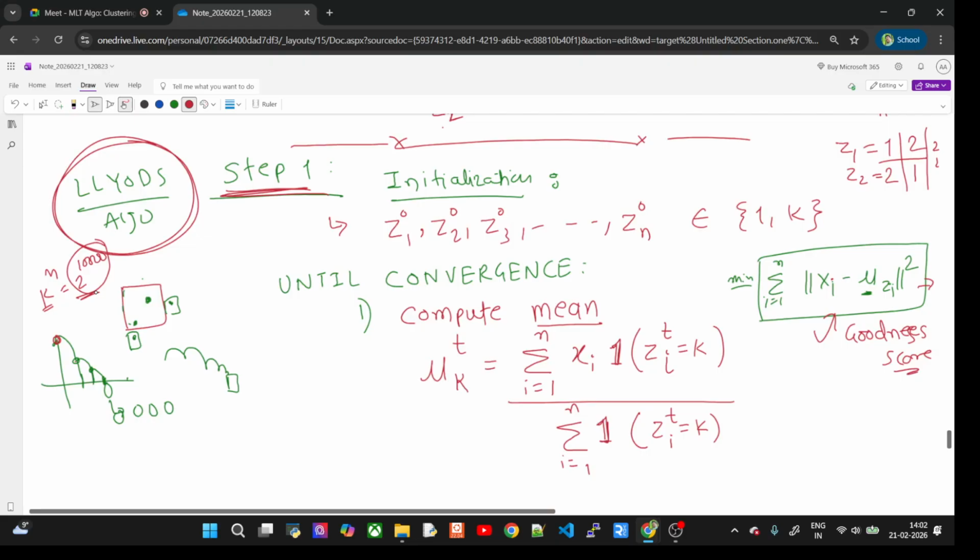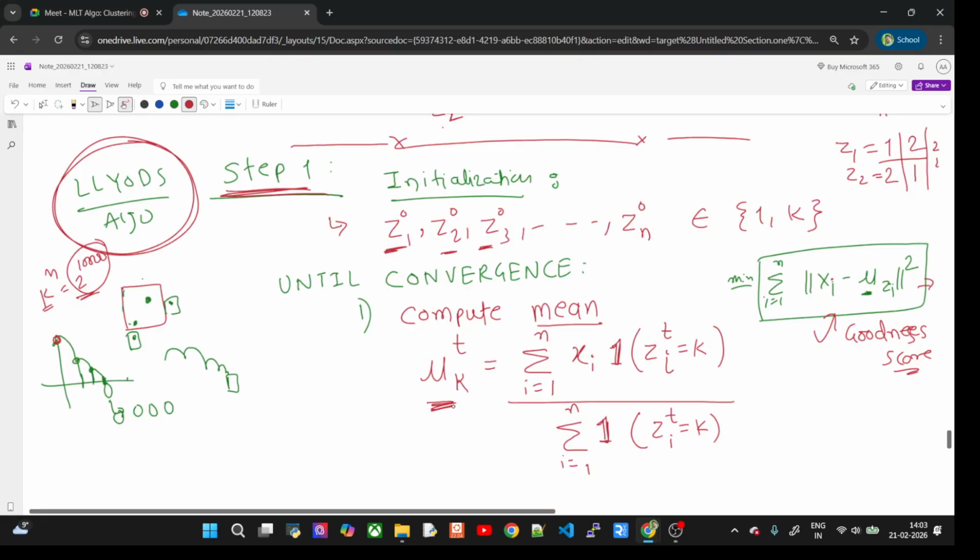Whenever you say like this, you now have cluster indicators z1 of 0, z2 of 0, where 0 means the first iteration, and z3 having some value. With that cluster indicator you need to calculate the mean of each cluster.